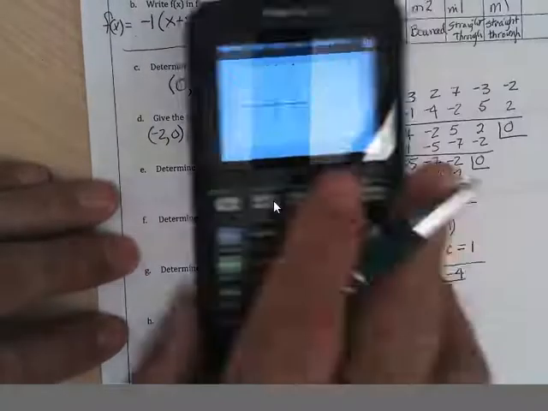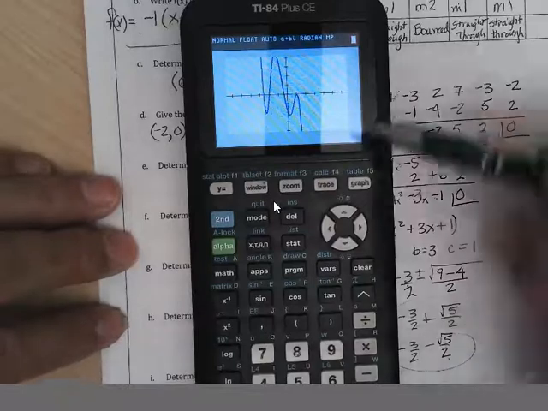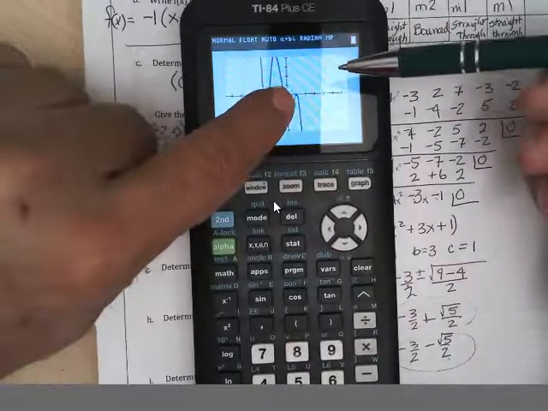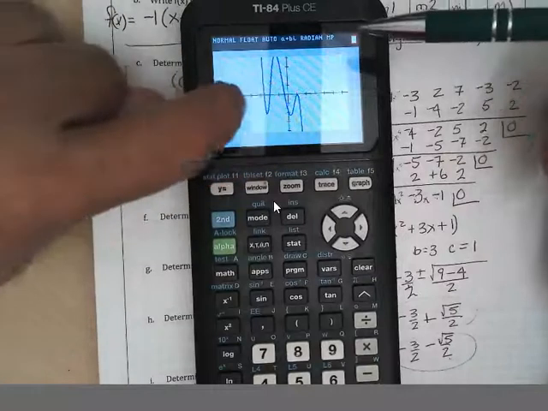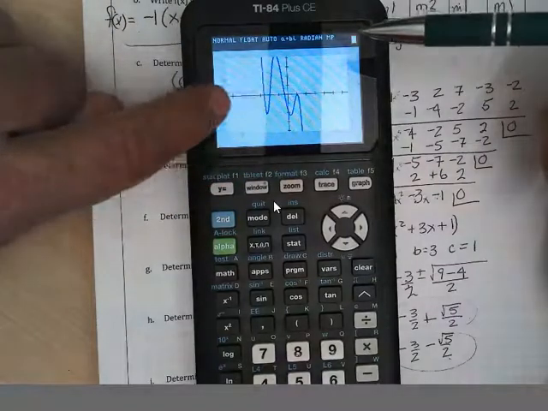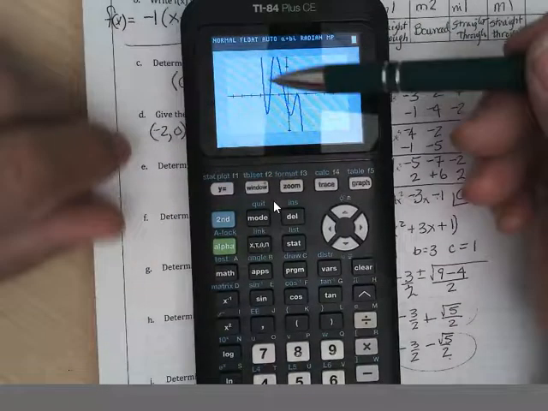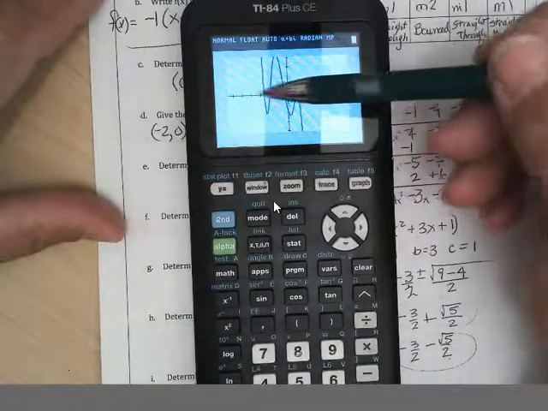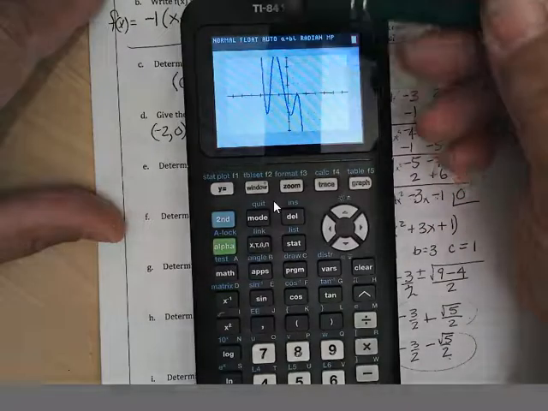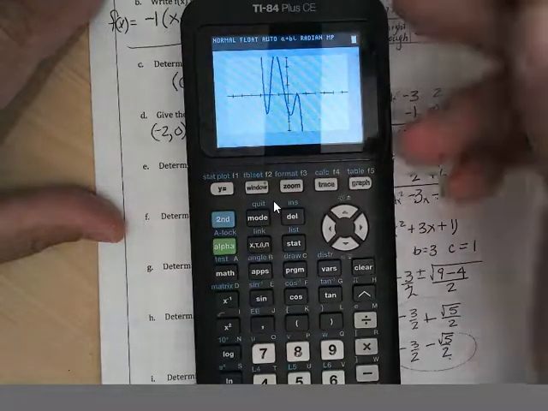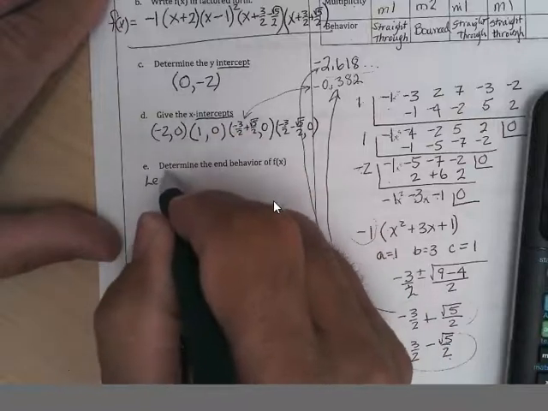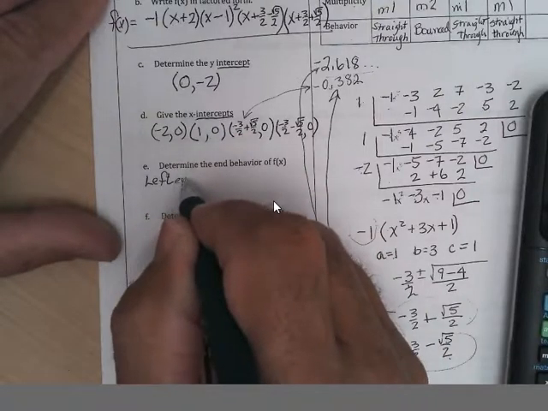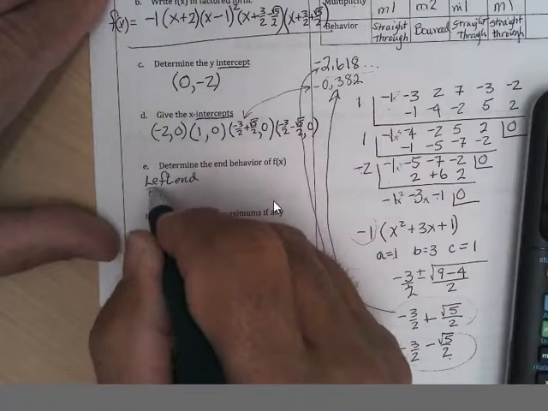The end behavior, that's wanting me to talk about where does the graph go as we go further to the left or to the right? Well, the left end behavior, the curve is headed towards positive infinity.